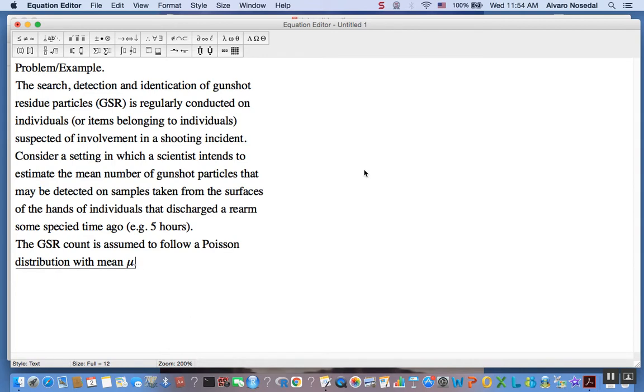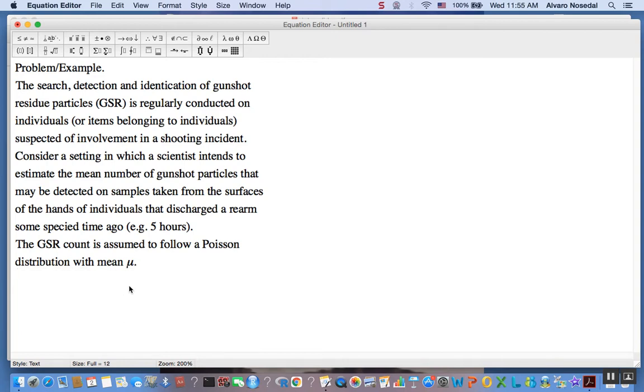So the assumption is that those GSR particle counts have a Poisson distribution with some mean mu.